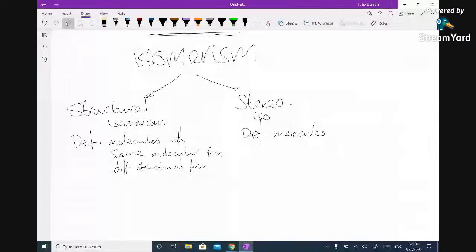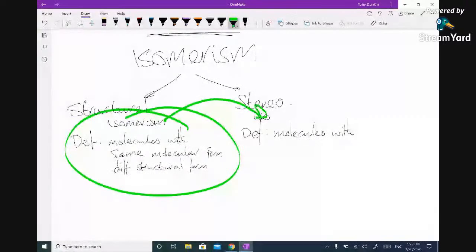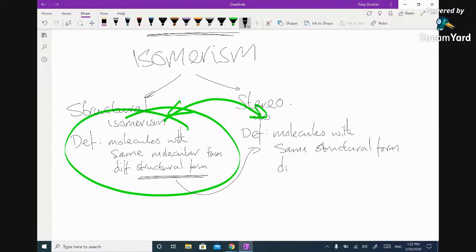Definition of molecules with, and by the way, you learn these two together as a pair, because where one ends, the other starts. Molecules with same structural formula, but different arrangement of atoms in space.